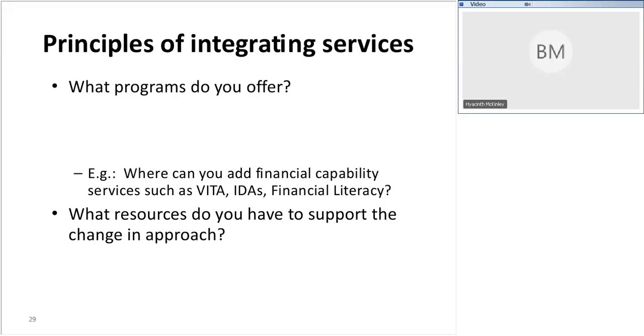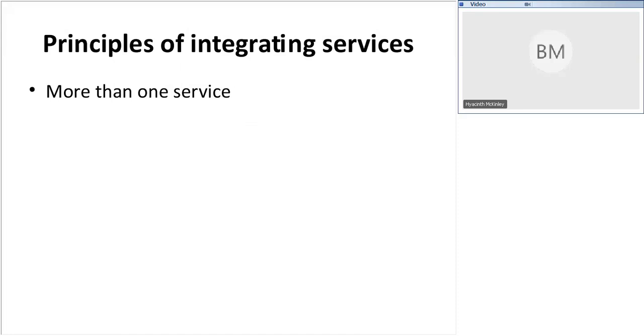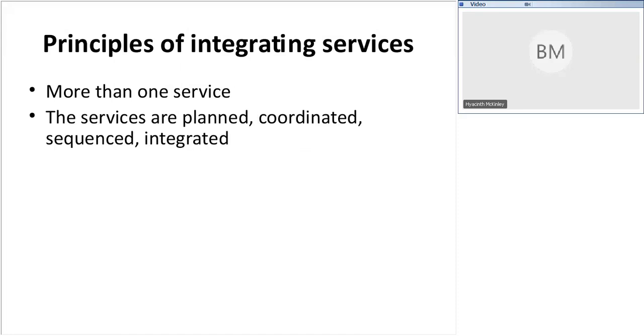And just to clarify what we mean by integrated services, of course, I think this one is obvious, but maybe not. We're talking about more than one service. If we're going to integrate services, there needs to be more than one. And the way that we integrate them needs to be planned, coordinated, sequenced, as well as integrated.